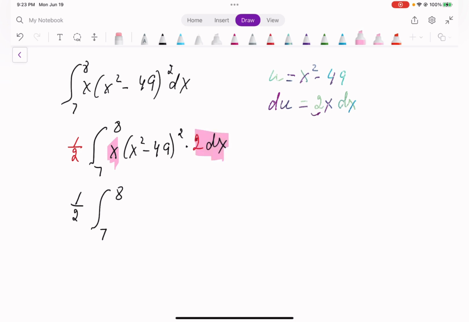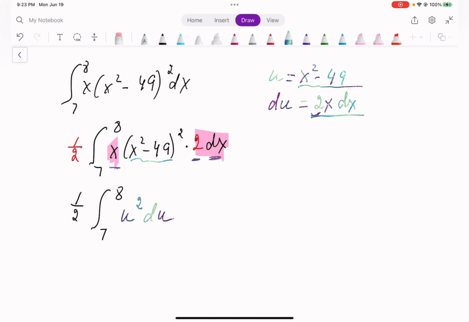And x squared minus 49 is going to be our u. So it's going to be u squared and du, right? Again, 2x dx is going to be our du, and x squared minus 49 is going to be our u. So we are getting u squared. Okay?